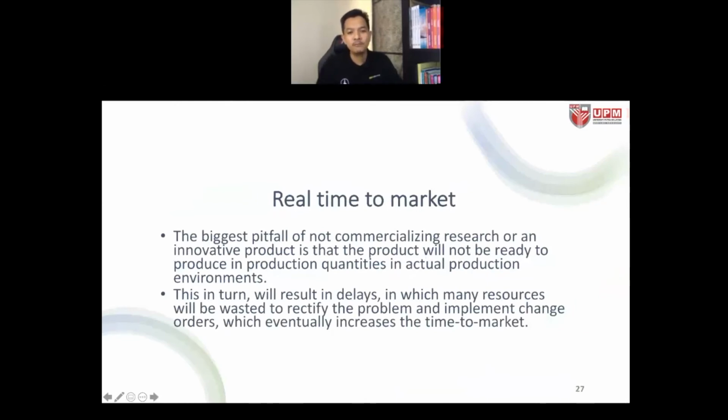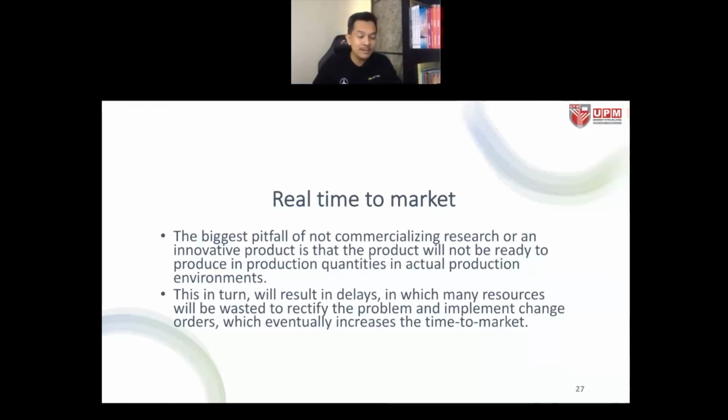So the biggest pitfall of not commercializing research or an innovative product is that the product itself will not be ready to be produced in production quantities. It's not just one product, right? Because sometimes you have to plan how many you are going to produce in a week, how many in a month.